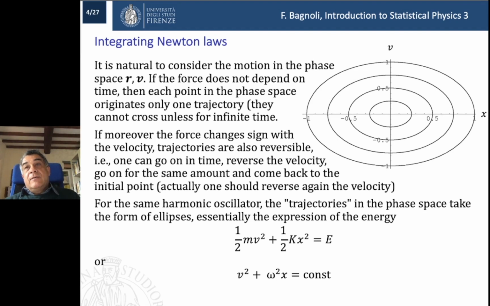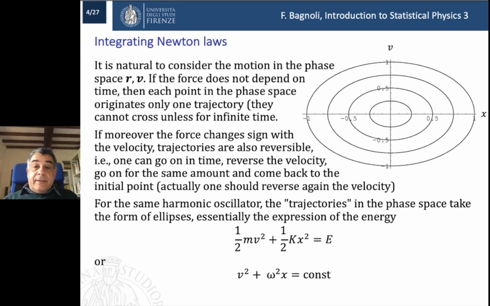Clearly, this is the case of conservative forces, for instance, not friction, but we can also have forces that depend on the velocity, like, for instance, Coriolis forces in mechanics or Lorentz force in electromagnetism. Actually, these are forces that do not do any work, but they can change the direction of velocity.